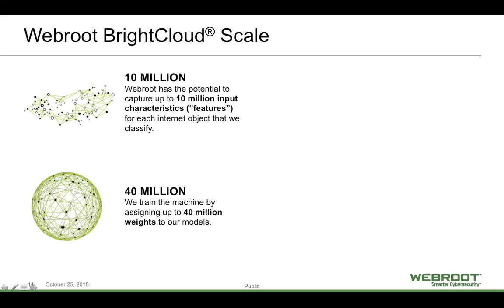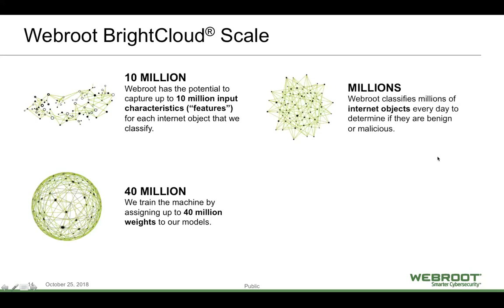And then again, more still to the story, because as we classify millions of internet objects every day, we do that with tremendous scale and tremendous speed. So you get the performance you need with that classification with your Array SSL. You also get a tremendous amount of protection and compliance at the same time. And this is really important because with that compliance, you have things moving around in the background constantly on the internet, as we all know, and you want to make sure that you have the latest up-to-date dynamic data that BrightCloud provides.